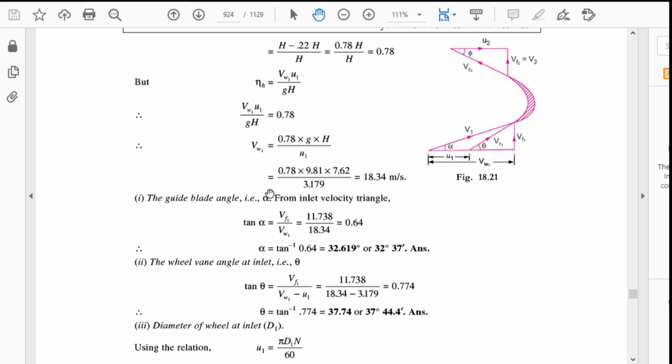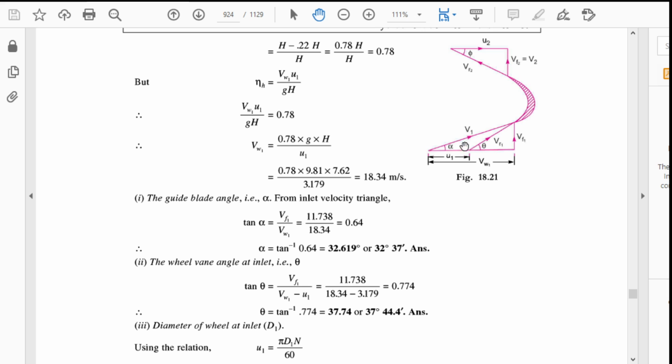But why have we found this? For finding out the value of alpha. The VW1 value is the base side of the triangle, and vf1 is already given, so we can find alpha by using the tan expression. First is the guide blade angle, alpha.